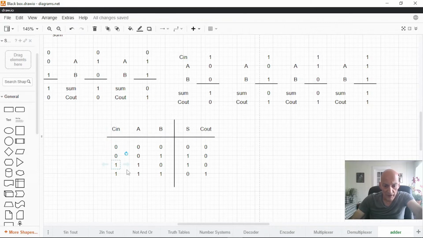I'll start with the carry in being 0 for all of these, so that doesn't really change anything. 0 plus 0 plus 0 is 0. 0 plus 0 plus 1 is 1, no carry. 0 plus 1 plus 0 is 1, a 1 with no carry. And 1 plus 1 is 2, which means the sum is 0, and we're carrying 1 over to the next place.